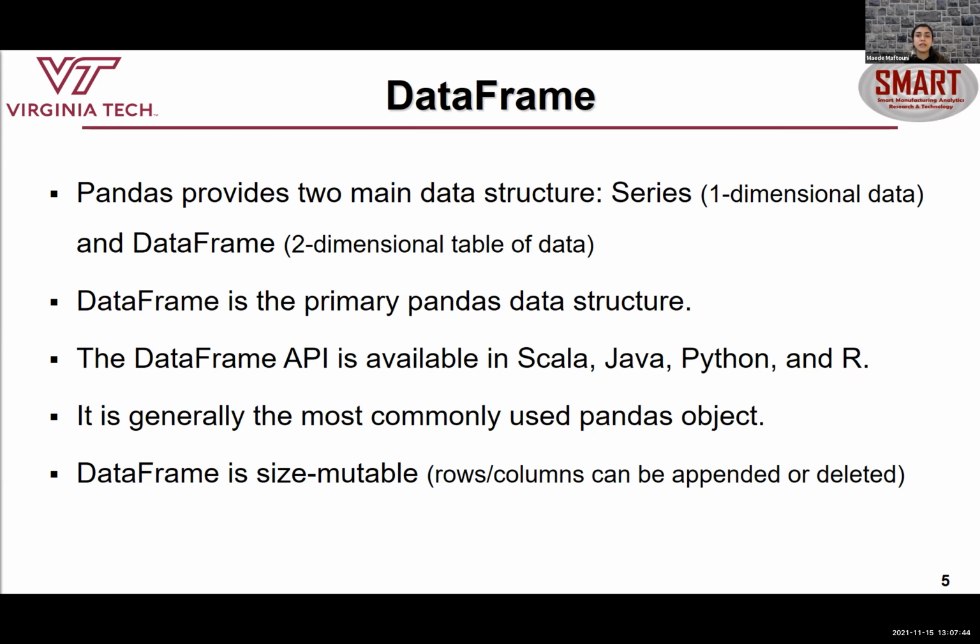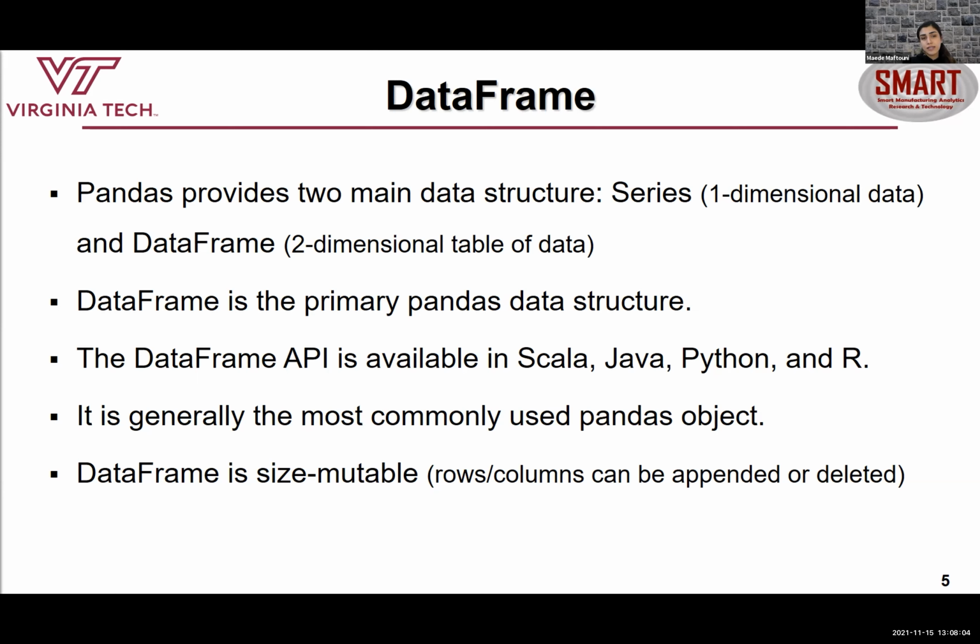A DataFrame is simply a table of data with records of the data in the rows and columns. Pandas has two main data structures. One is Series, which is one-dimensional data, and another is DataFrame, which is a two-dimensional table of the data.